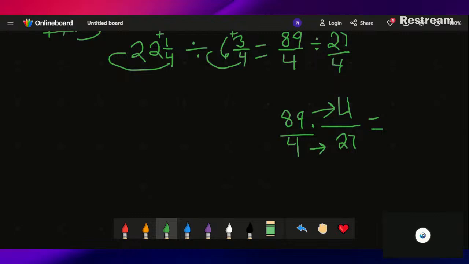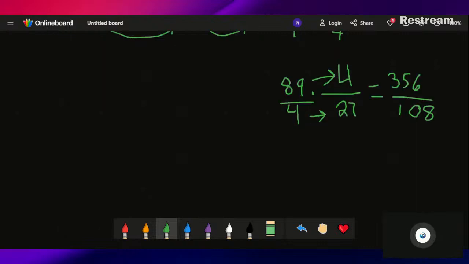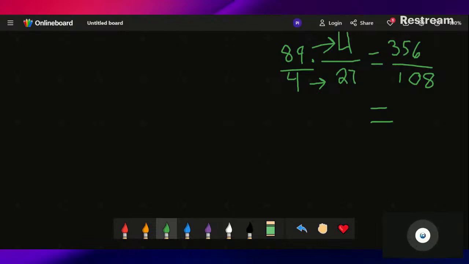Okay. And when we multiply across, we are going to get 356 over 108. 20 times 4 is 80. And 7 times 4 is 28. Okay, so here we can reduce this to make the fraction and make the long division step a little bit easier for us.